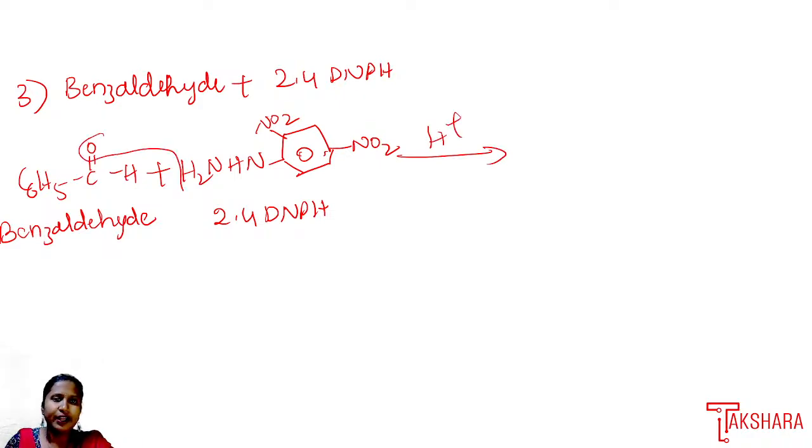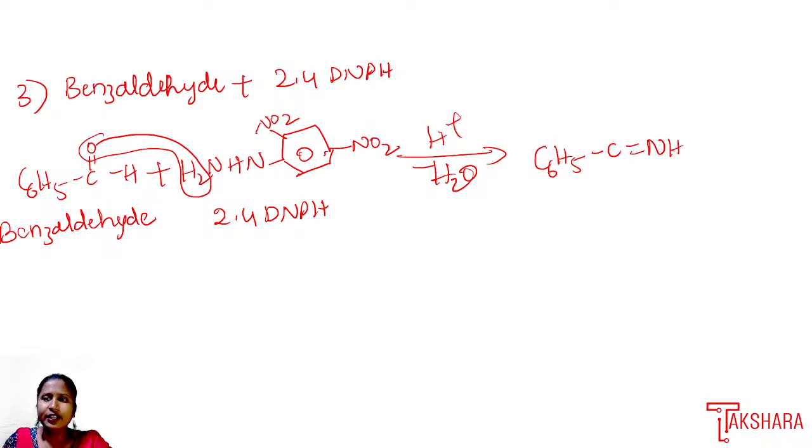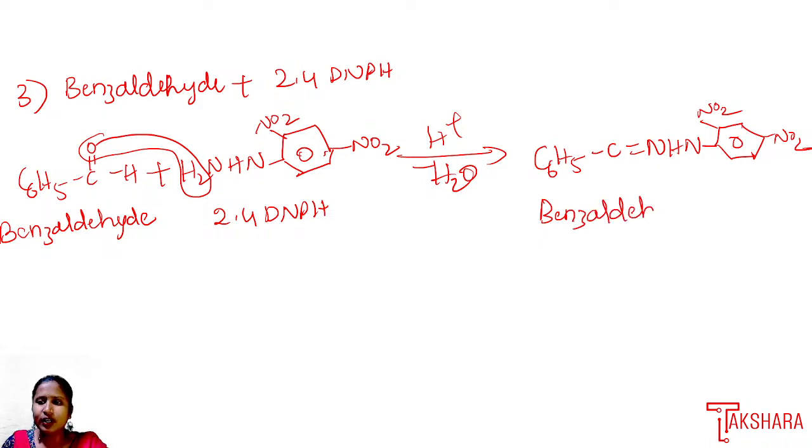So here again the water molecule is going to be removed, minus water, and we will get the product C6H5 C double bond NHN, and again the benzene ring, then NO2 and here NO2, with the removal of water molecule. The product is called benzaldehyde phenyl hydrazone.